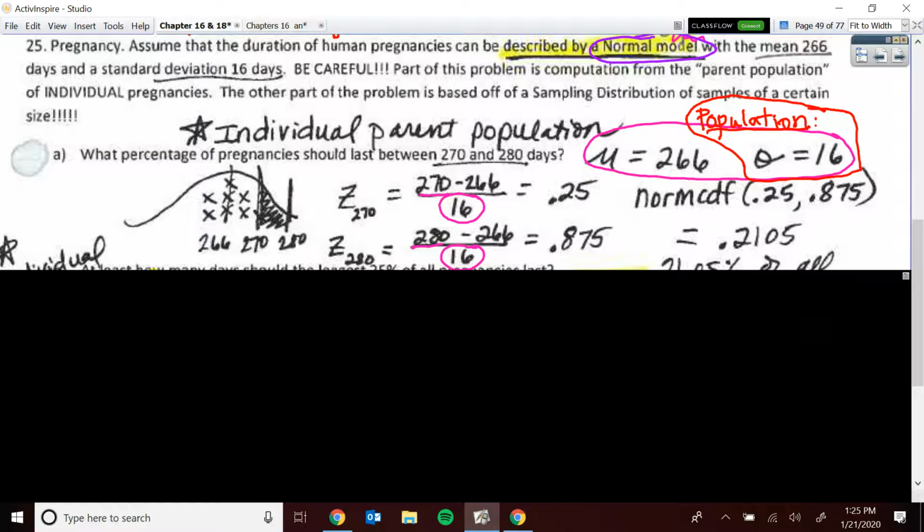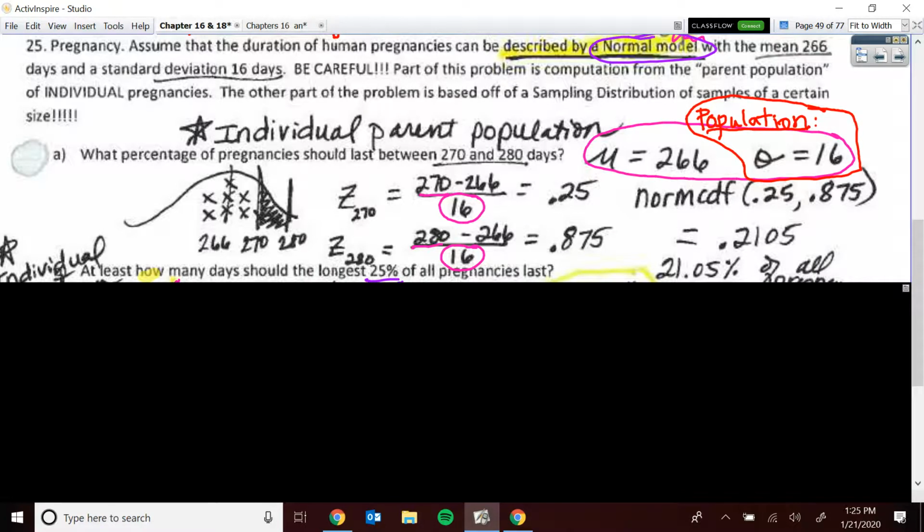Now, the next one says, how many days should the longest 25% of pregnancies be? What's that? That's going to be out of the population, yes, but is that going to be the top 25%, the bottom 25%, the middle 25%? Longest 25% of pregnancies. Top 25%. Now, does that 25% mean 0.25 is a z-score?